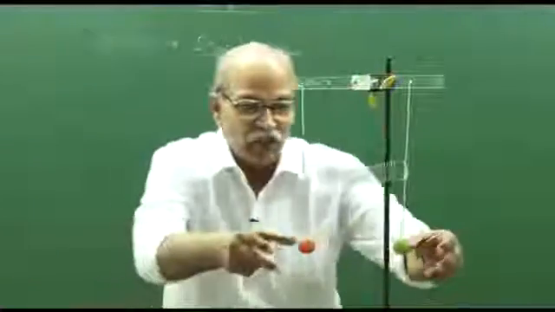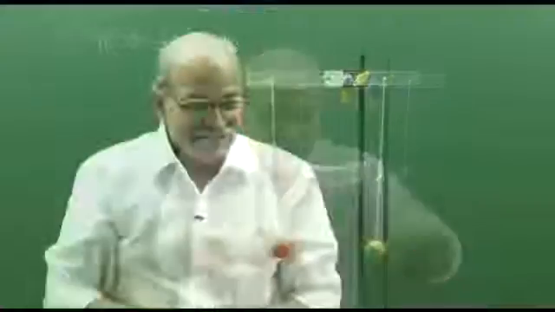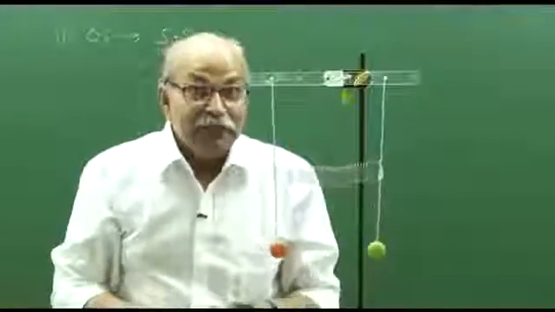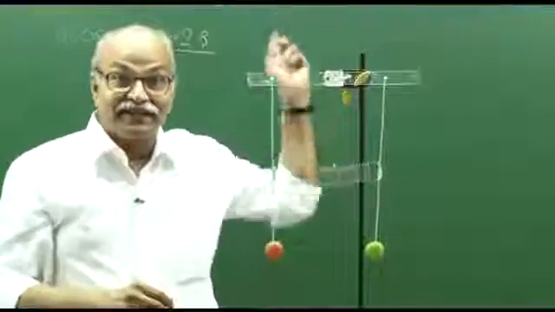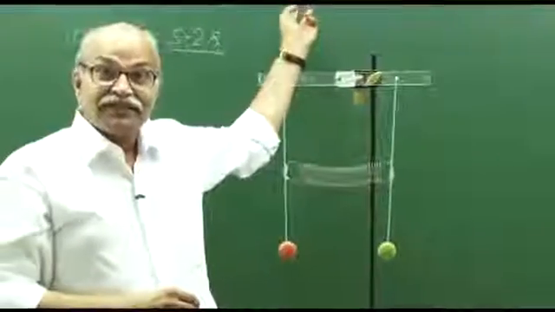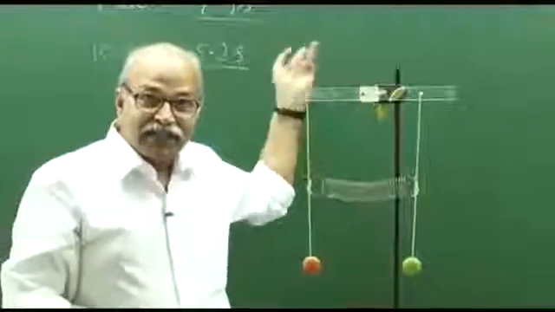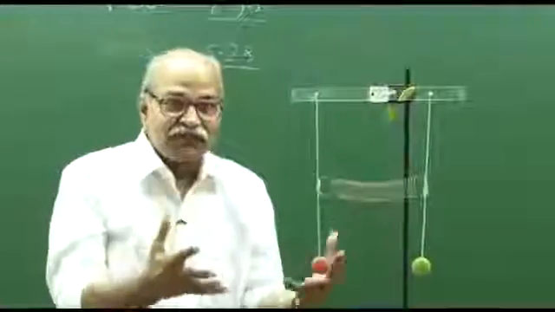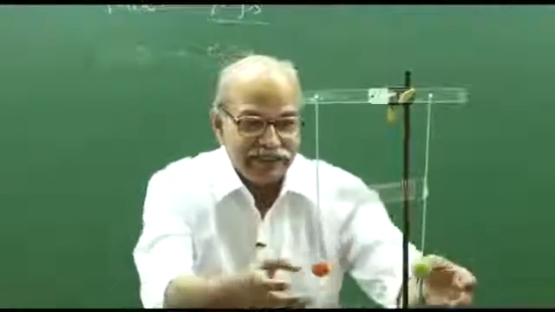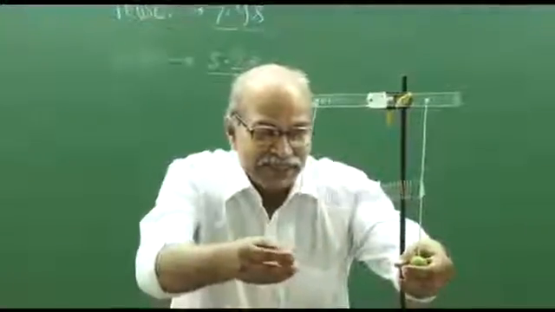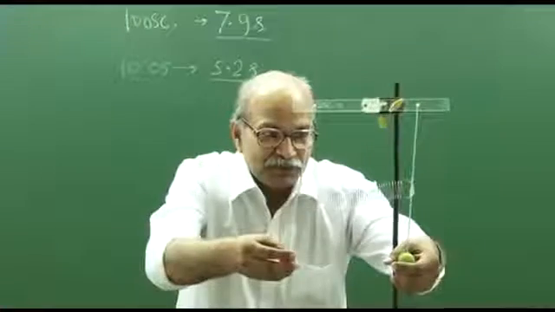Alternately, one is stopping and one is oscillating. This is a mixed mode of what we did earlier. These two are the normal frequencies or natural frequencies, two kinds of vibrations, and this is a linear superposition. It is a mixture of the two.